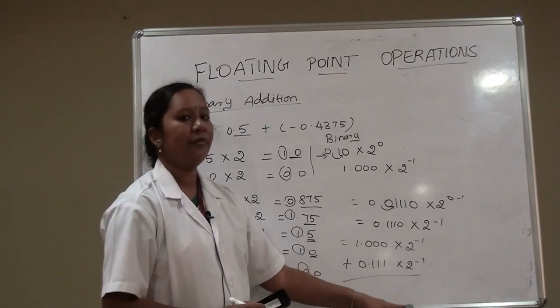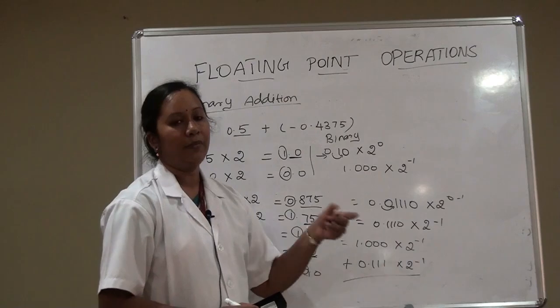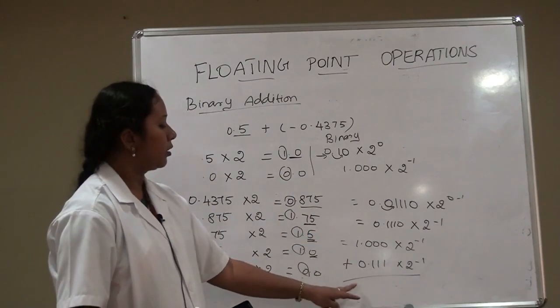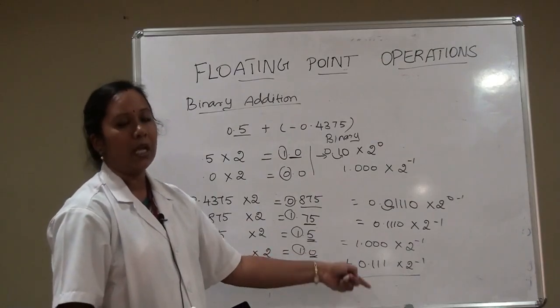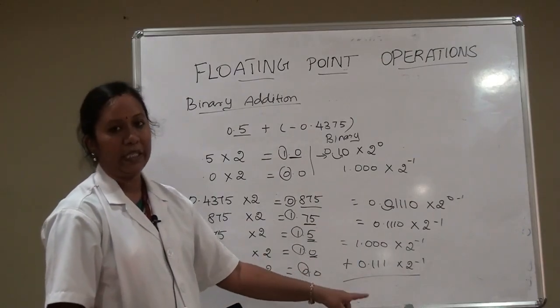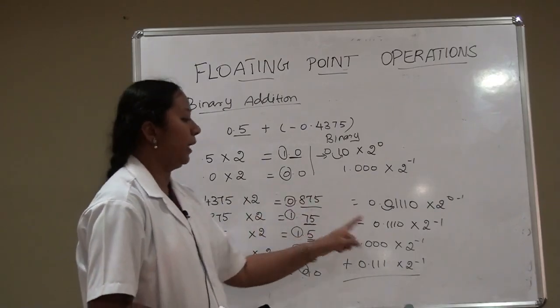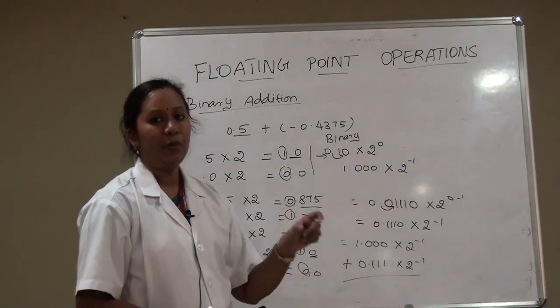So the rule to perform a binary subtraction is, the number which is going to be subtracted needs to be converted into 1's complement, and then we take 2's complement. Finally, the result of the 2's complement along with the number needs to be added, and that will be my final result.